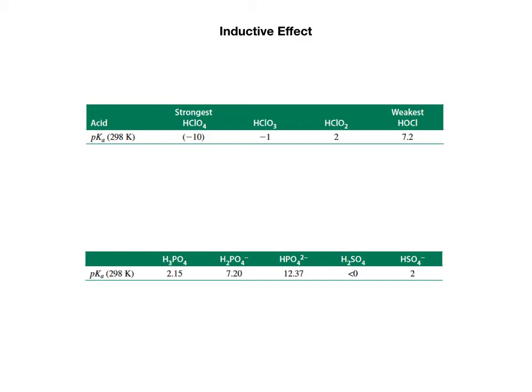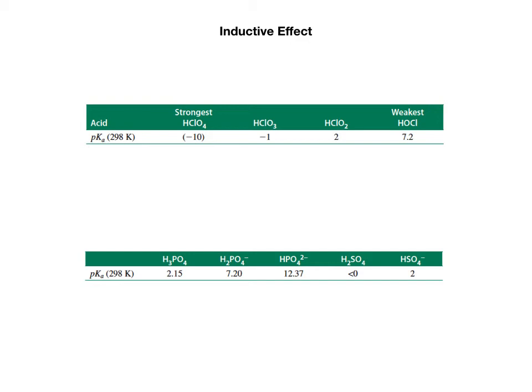And this is pretty easy to understand because proton is positive charge. So if the parent molecule has a lot of negative charge, it would make it difficult to release a proton from itself.